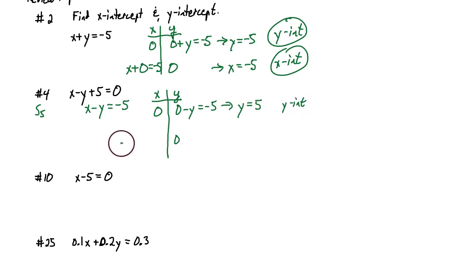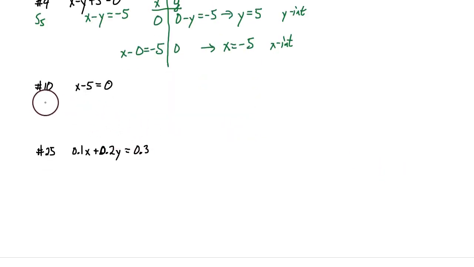Fill in 0 where the letter y is. X minus 0 just means x. So this is x equals negative 5. That's our x-intercept. If we were to draw a line on a graph, the line would touch the y-axis at 5, and it would touch the x-axis at negative 5.